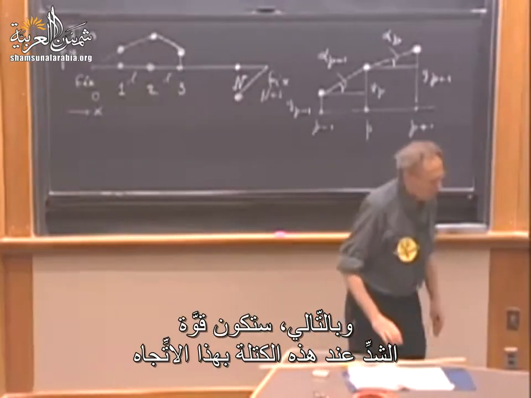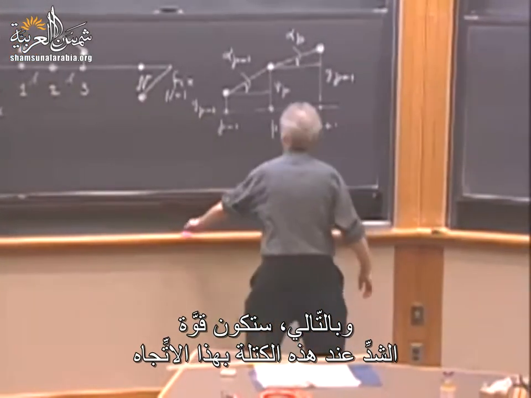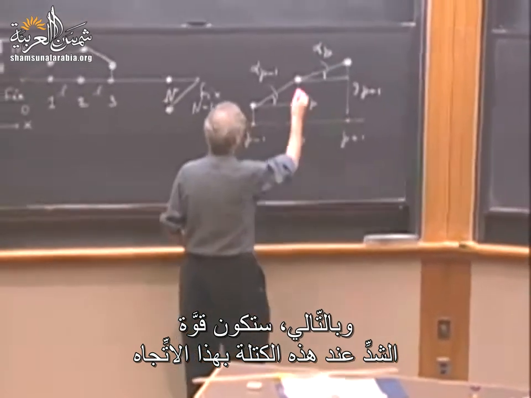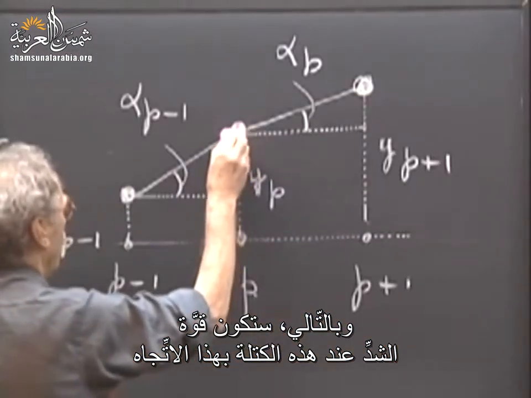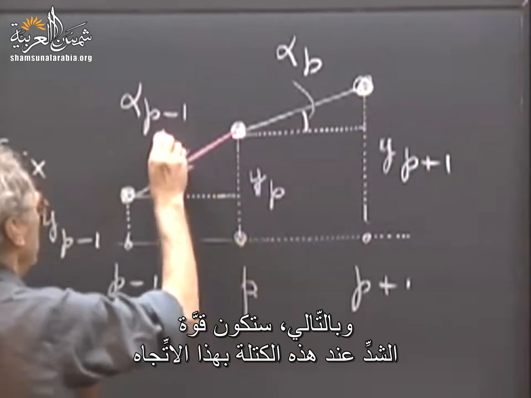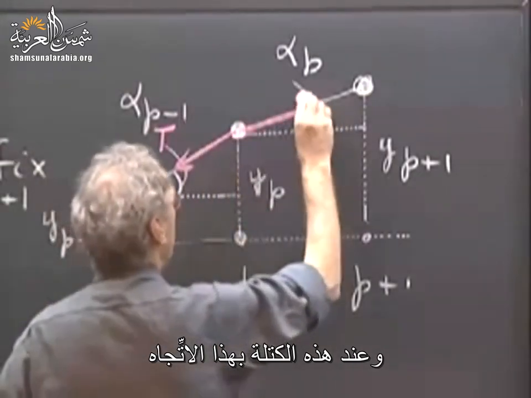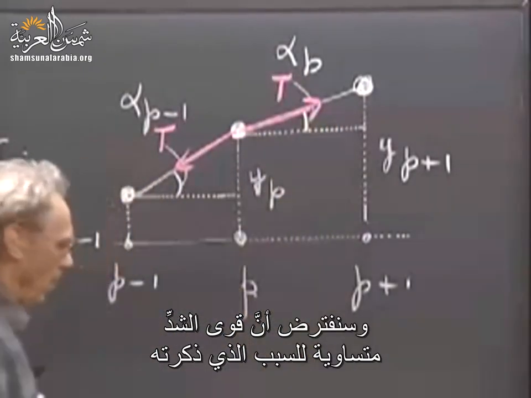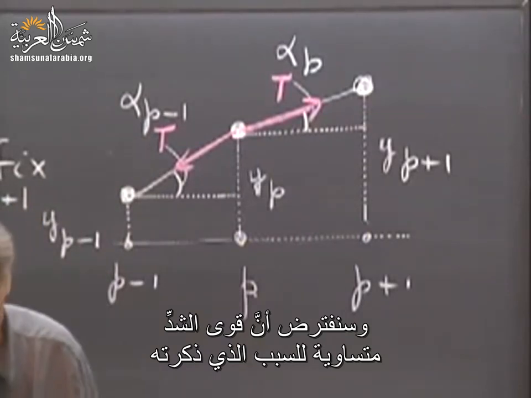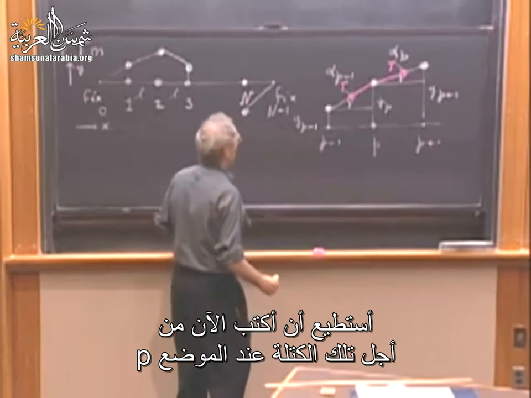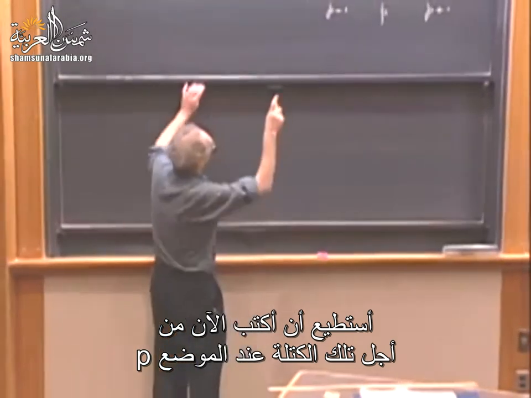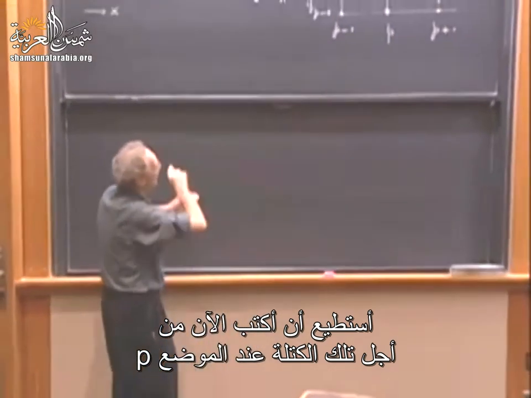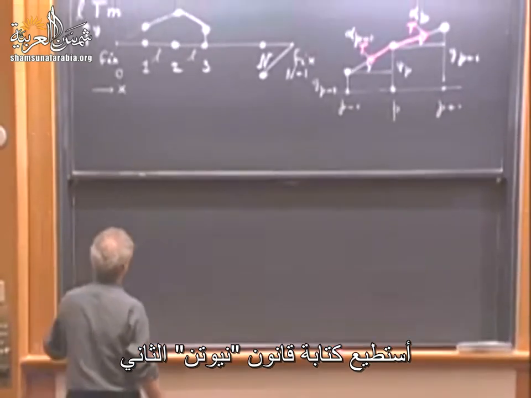So the tension is going to be on that point P, on this little mass M in this direction, and there is a tension in this direction, and we will assume that these tensions are the same for reasons that I mentioned.